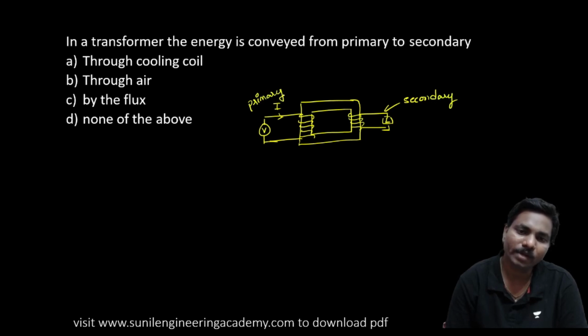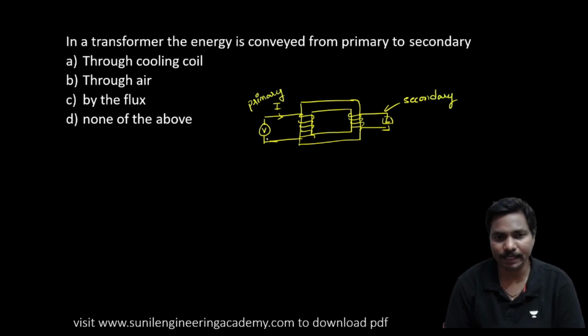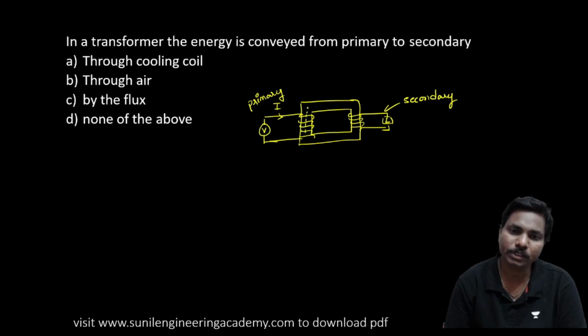So what is the primary winding? The winding which is connected to the supply, that is primary, and the one connected to the load is the secondary. Whenever you give the supply to the primary, current flows. Whenever current flows through the coil, flux will be produced.